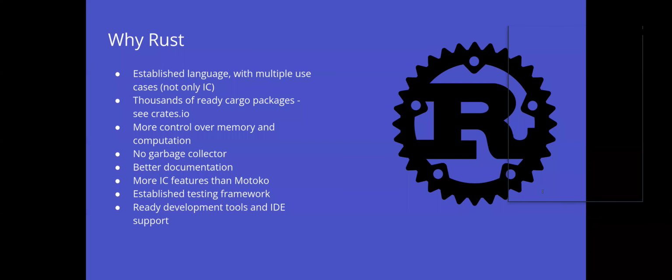Another thing is that with Rust, as with the C language, you have more control over memory and computation. I see it as a plus. Many will see it as a minus, because it requires much more from the developer than when you have a garbage collector. You need to think about what's on the heap, what's on the stack, what is heap and what is stack.